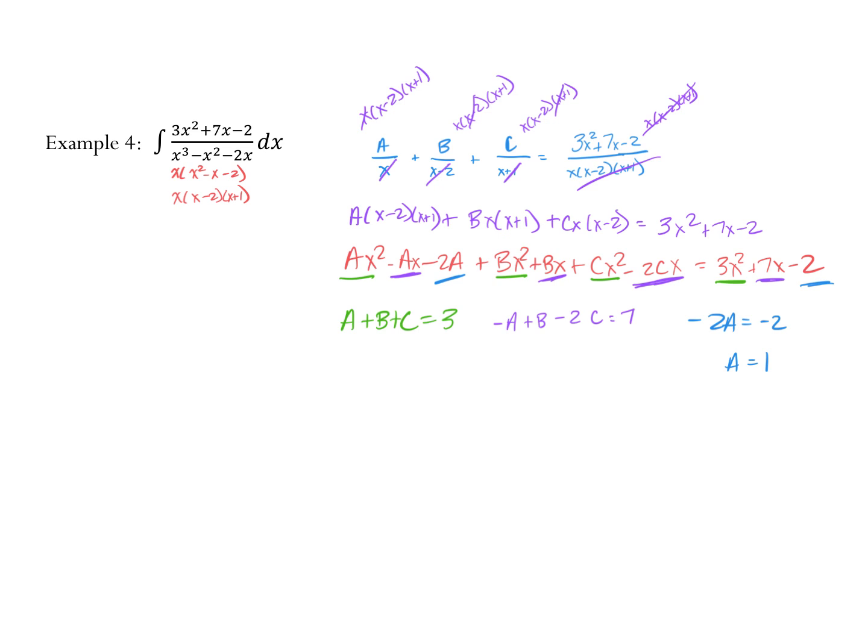And then if I plug that 1 into the other equations, I would then do maybe b plus c equals 2, and b minus 2c equals 8. From here, I think I'm going to do b equals 2 minus c.